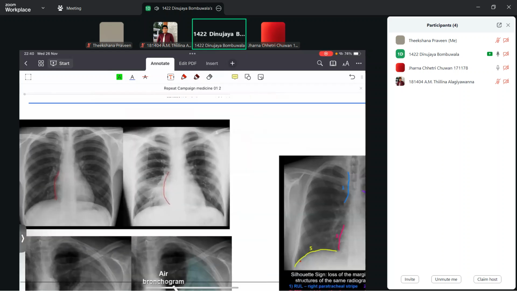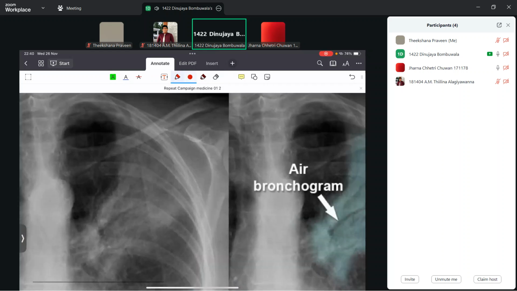In a patient with pneumonia, these alveoli are filled with water or pus or other fluids. I told you that the background is created by alveoli. So when alveoli are filled with fluids, the background will become white because fluids show in white color in an X-ray.